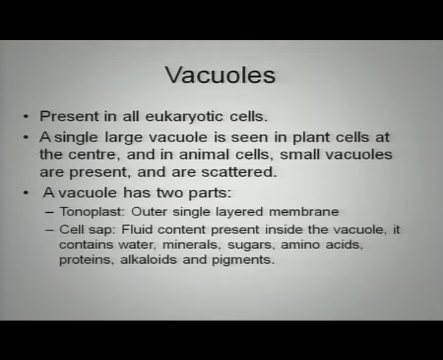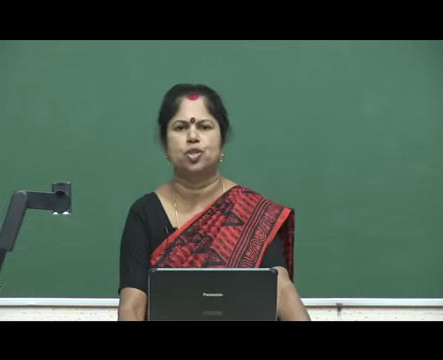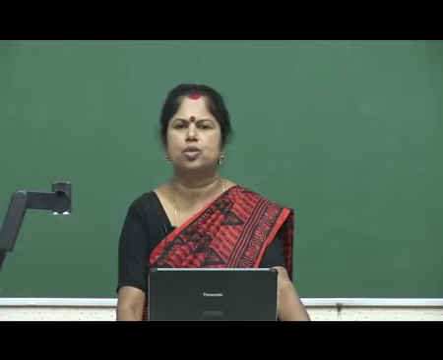Now, regarding the vacuoles, they are present in all the eukaryotic cells. A single large vacuole is seen in the plant cell at the center, and in animal cells, small vacuoles are seen and they are scattered. A vacuole has two different parts. The outer membrane, just like that of the plasma membrane, made up of lipoprotein in composition, is known as tonoplast.